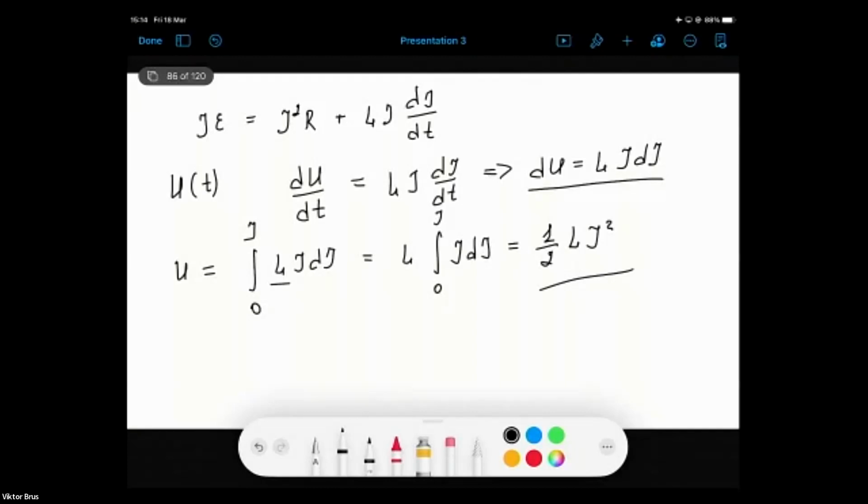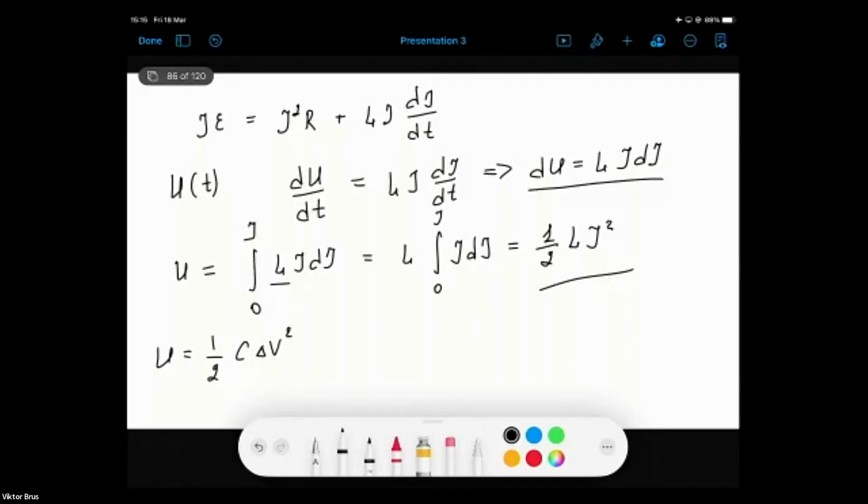If you recall electric field, which is accumulated in electrical capacitor, we were writing that energy accumulated in electrical capacitor will be equal to 1/2 C, capacitance of this capacitor, times potential difference in second power between the plates of the capacitor.